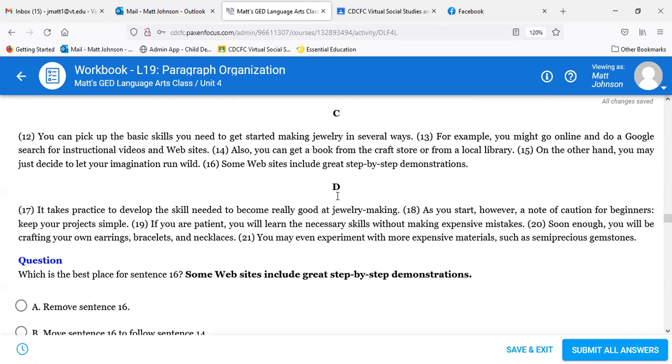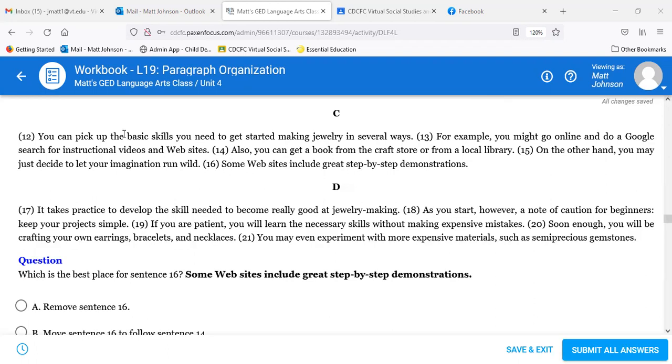So here, you can pick up the basic skills you need to get started making jewelry in several ways. For example, you might go online and do a Google search for instructional videos and websites. Then some websites include great step-by-step demonstrations. So our number 12 is a fairly broad and decent topic statement, and then we narrow it down.